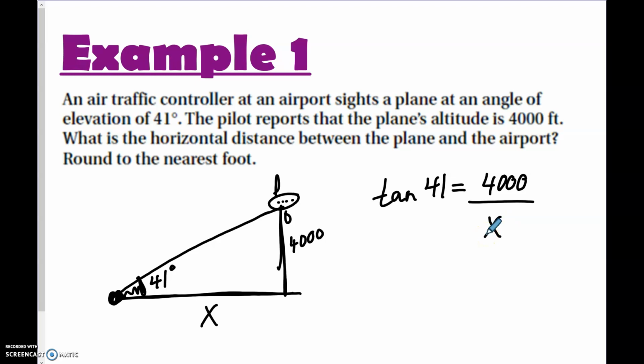And remember how we solve these: these just basically change places. So we take 4,000 and divide by the tangent of 41. I am getting 4,600, and they said to round to the nearest foot, 4,601 feet.